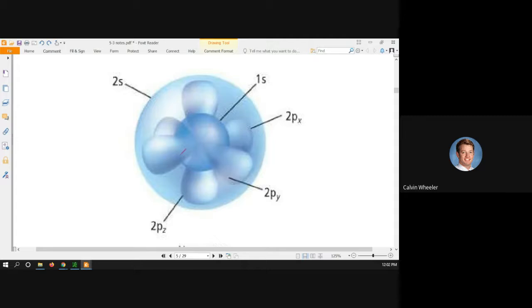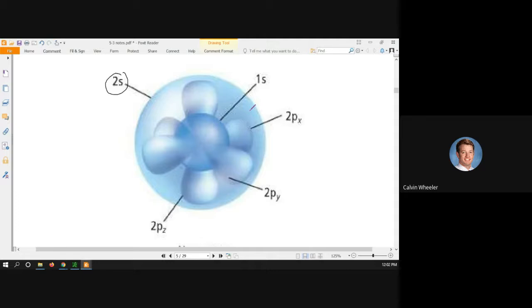So from here on out, when we describe the electrons in atoms, we are most concerned with the outer electrons. Because here you can see that this spherical, what's called the 2s orbital, is enclosing the other smaller ones. And so if we were to talk about the interactions of this atom with another atom, what's going to interact first?